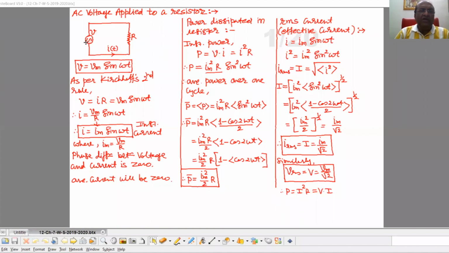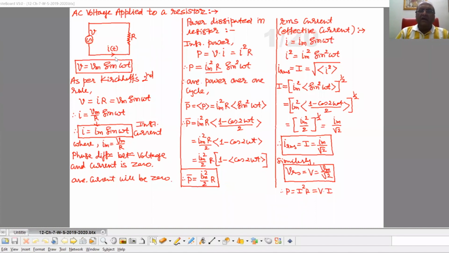AC supply voltage is represented by the symbol of a circle with a wave sign. This AC supply voltage is connected with resistance R. Suppose at a particular instant, the current in the circuit is I.